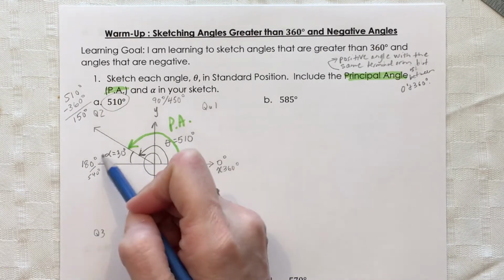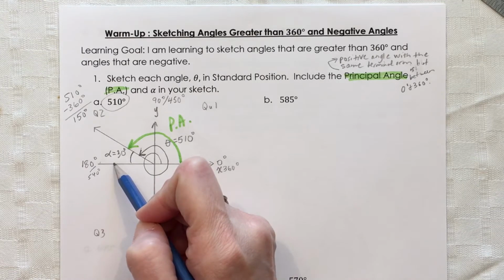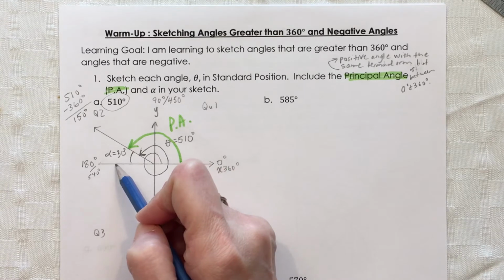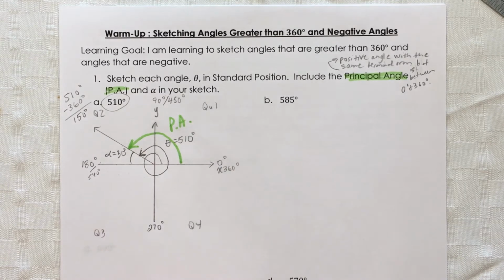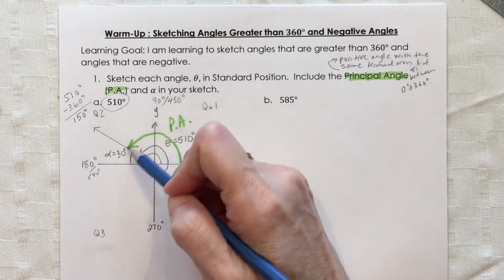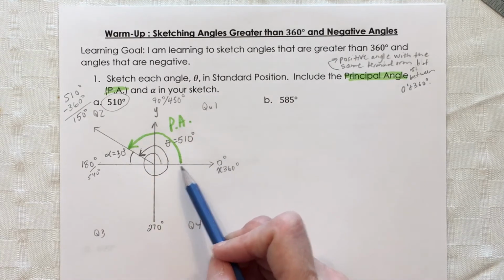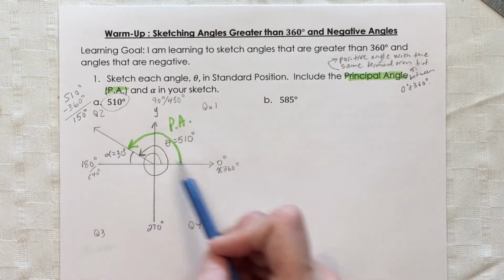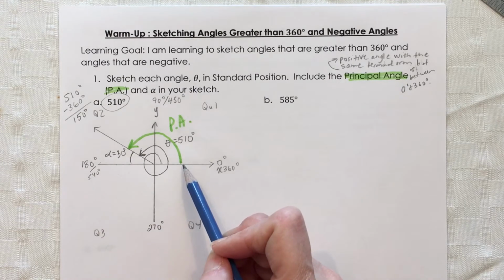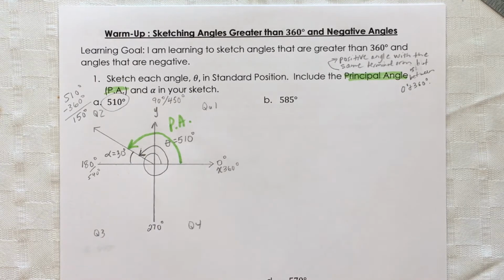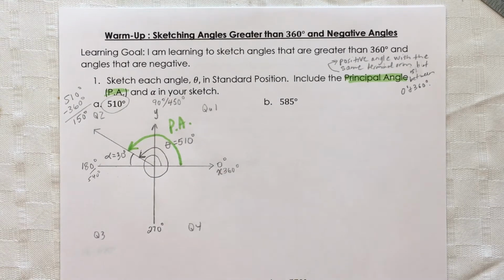Then I've got alpha, which is the little angle, we call it the related acute angle, which fits in between the x-axis and the terminal arm, 30 degrees in this case. And then we've got the principal angle, which is the angle that has the same terminal arm as 510, but is always between 0 and 360. So it's always a positive angle between 0 and 360.